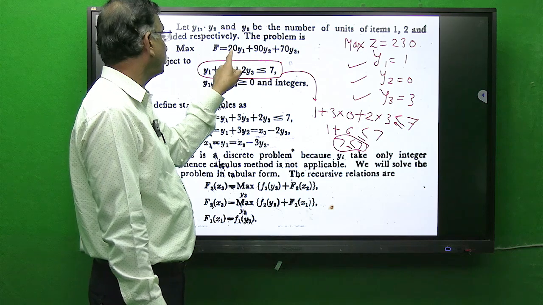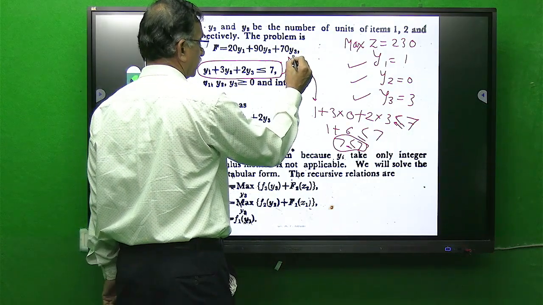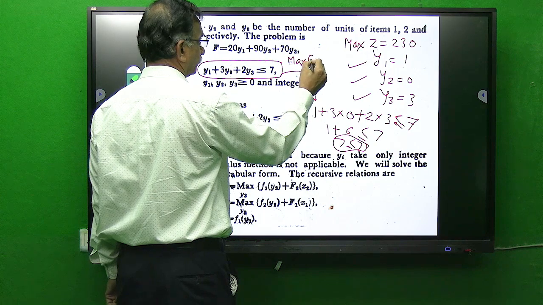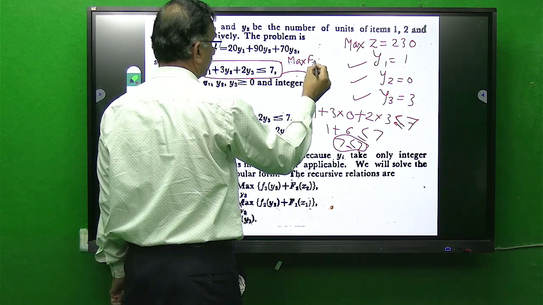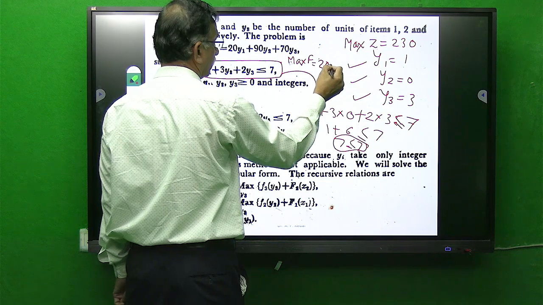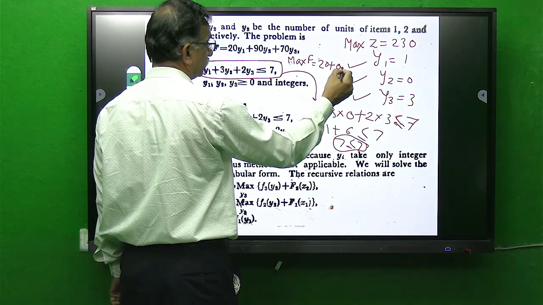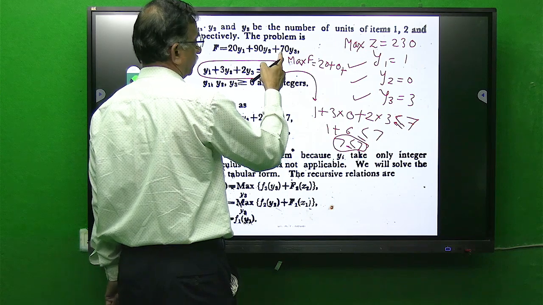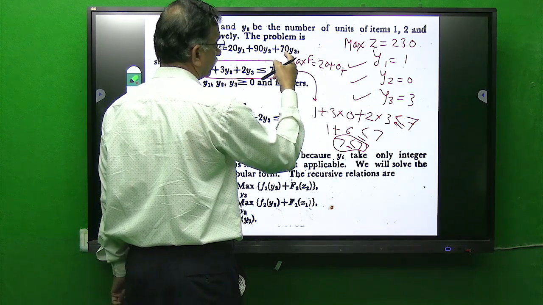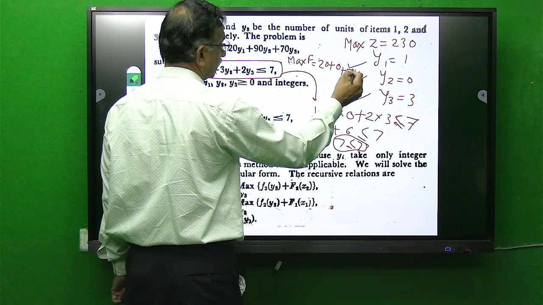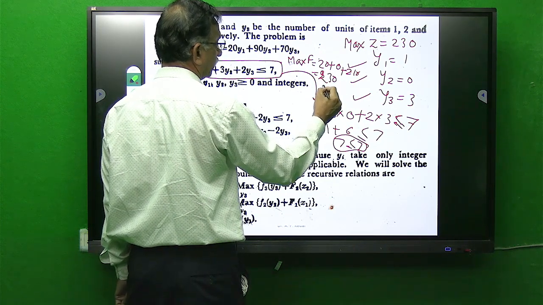We will cross check the value of 230. So put 20 y1 in max f: 20 into y1 is 20, plus 90 y2, y2 is 0, plus 70 y3, y3 is 3, 70 into 3 is 210, so it is ultimately 230.